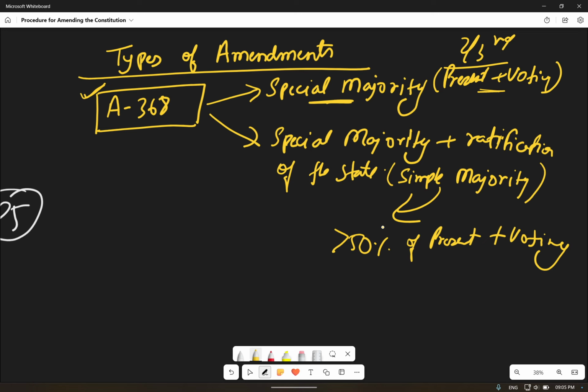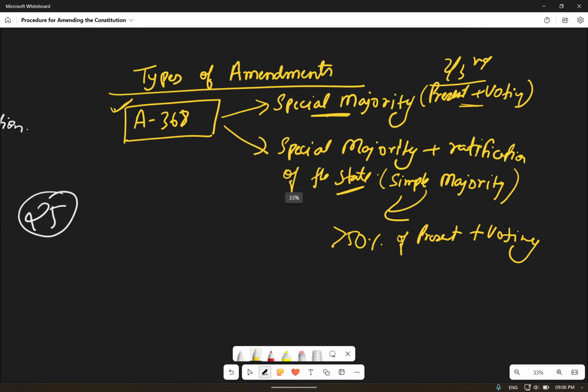Another flavor is a special majority plus ratification of the state legislatures, and within the state legislatures this ratification has to be passed by a simple majority. The 50% state ratification is required under it. So this is one type of amendment that we have seen under Article 368.